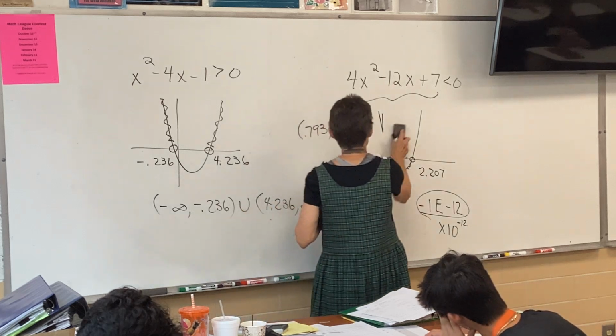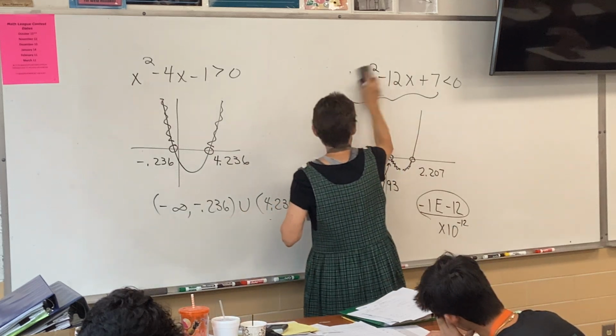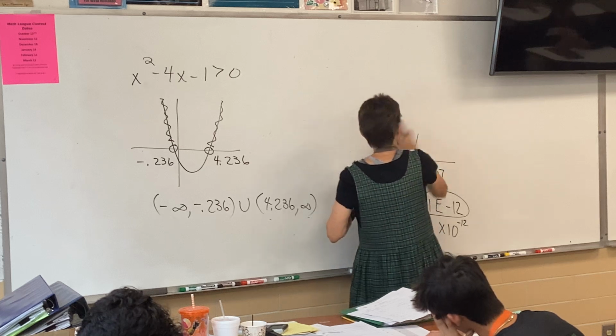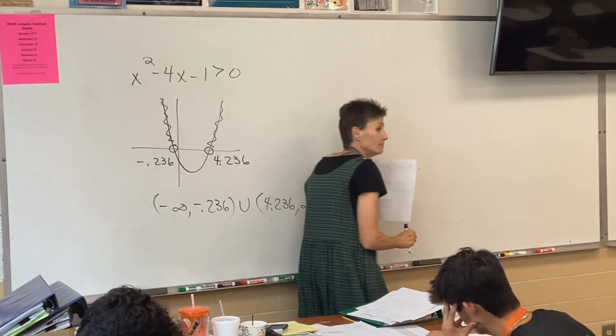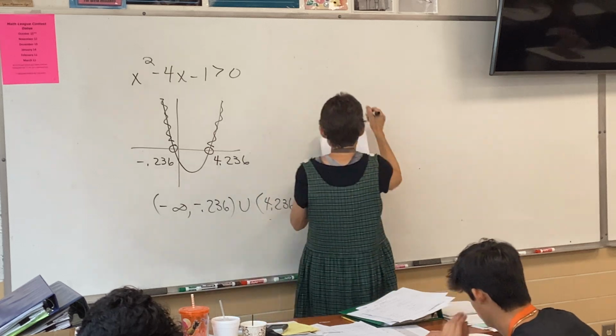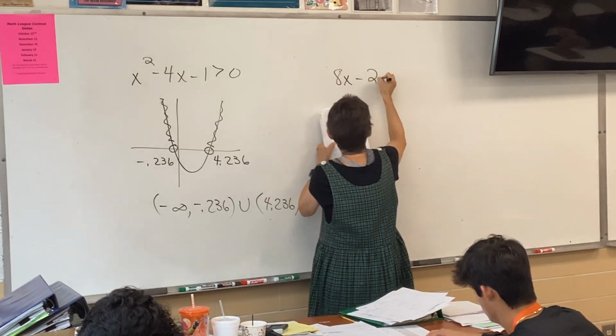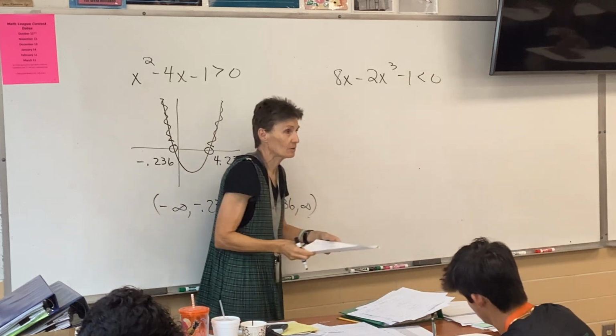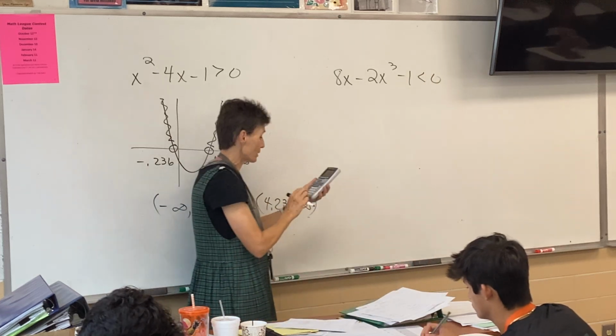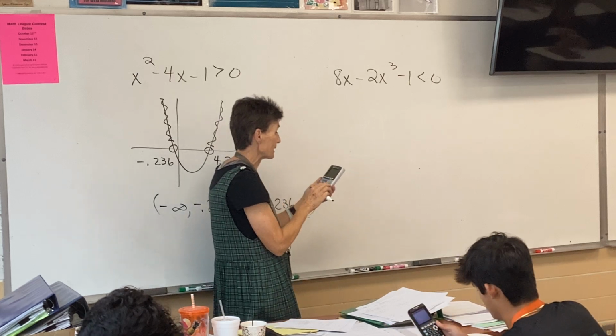What's different about C? Here's a 3. It's a cube. Now, we're still gonna do everything exactly the same, but the picture will not be a parabola. It's going to be some funky shape. So, it isn't in descending order, but the calculator doesn't care. So you can go ahead and type that equation in just like it is if you want.